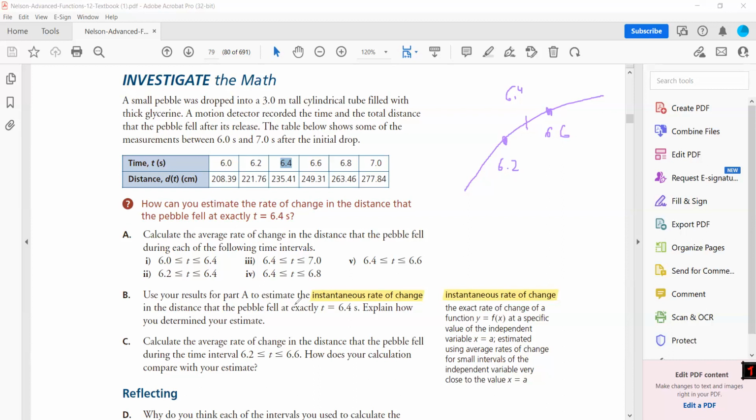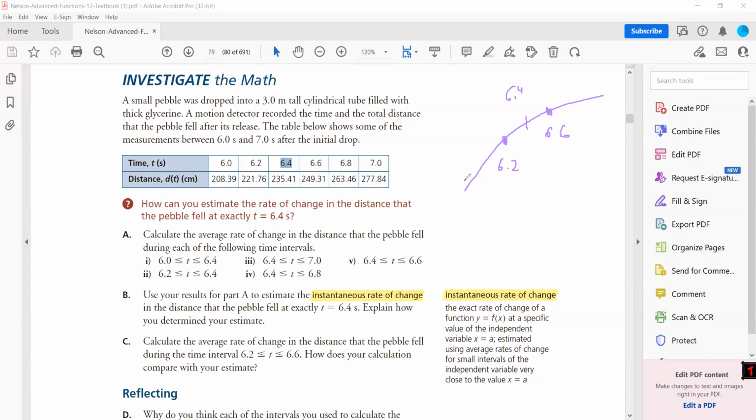So, as I said before, when we are trying to find the instantaneous rate of change, we have to take 2 points that are extremely close to each other.